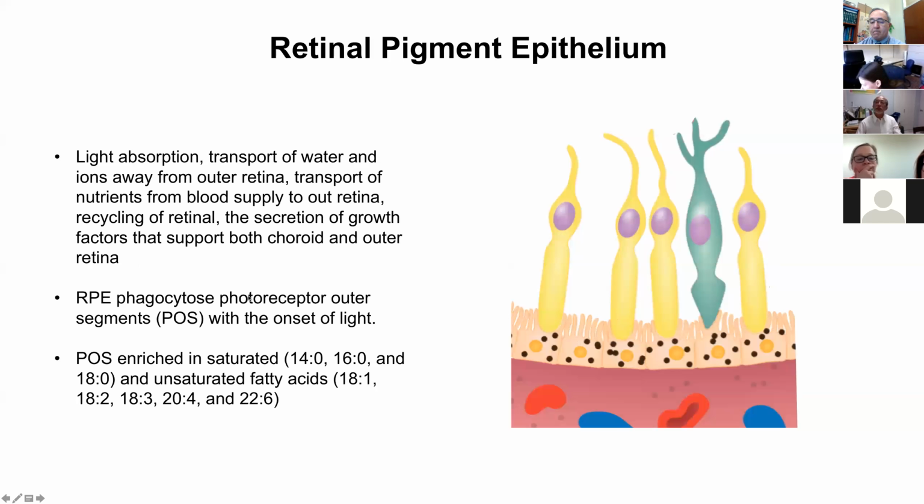This is occurring each day with the onset of light, and the photoreceptors are shedding approximately 10% of their outer segments. Importantly, these are enriched in both saturated and unsaturated fatty acids. So the RPE are really dealing with a large load of fat on a daily basis.